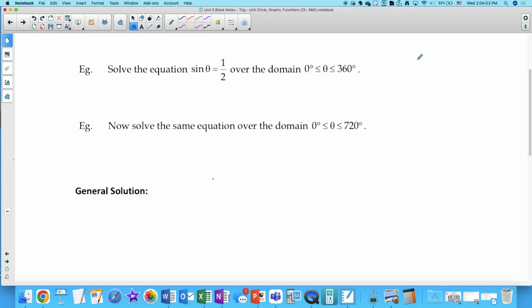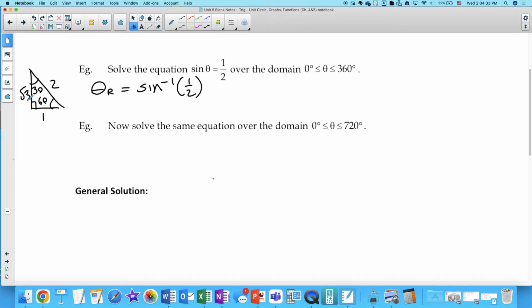Okay, so if sine theta equals 1/2, then the reference angle is the sine inverse of 1/2. And if this is our special triangle, the angle that has a sine ratio of 1/2 is 30 degrees.